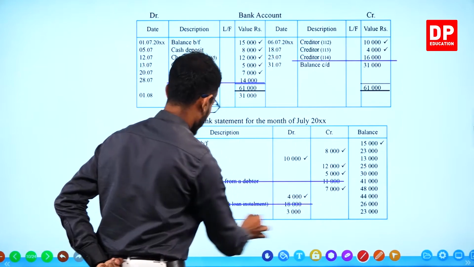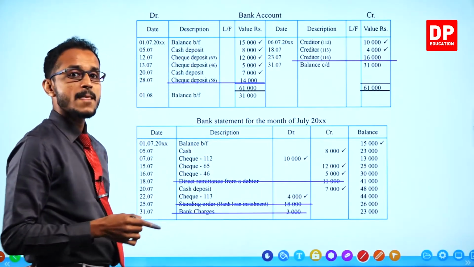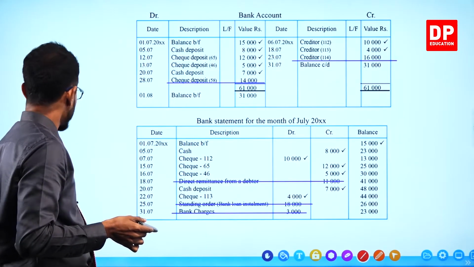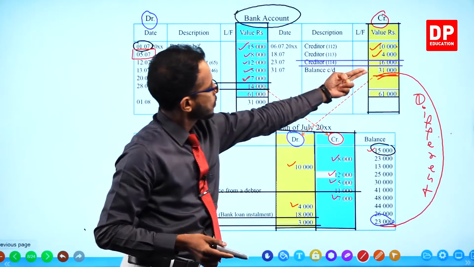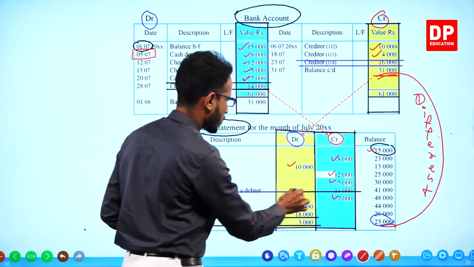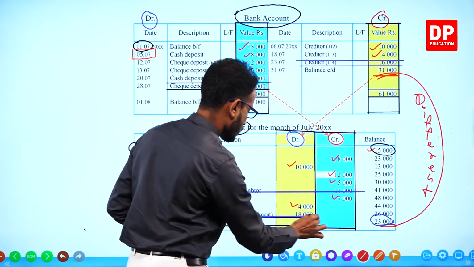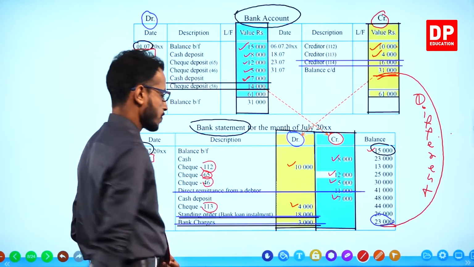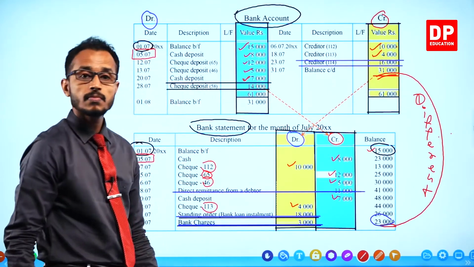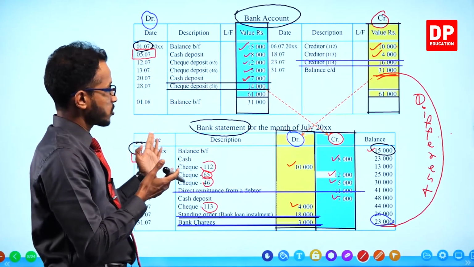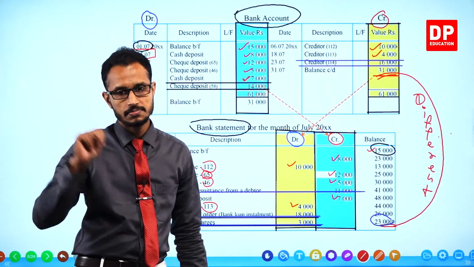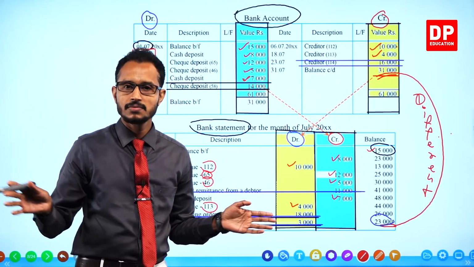Didn't we? Of course, we marked. Same items we have marked here. As you can see, children. These are the reasons for the difference in the two balances. Voila. Okay.